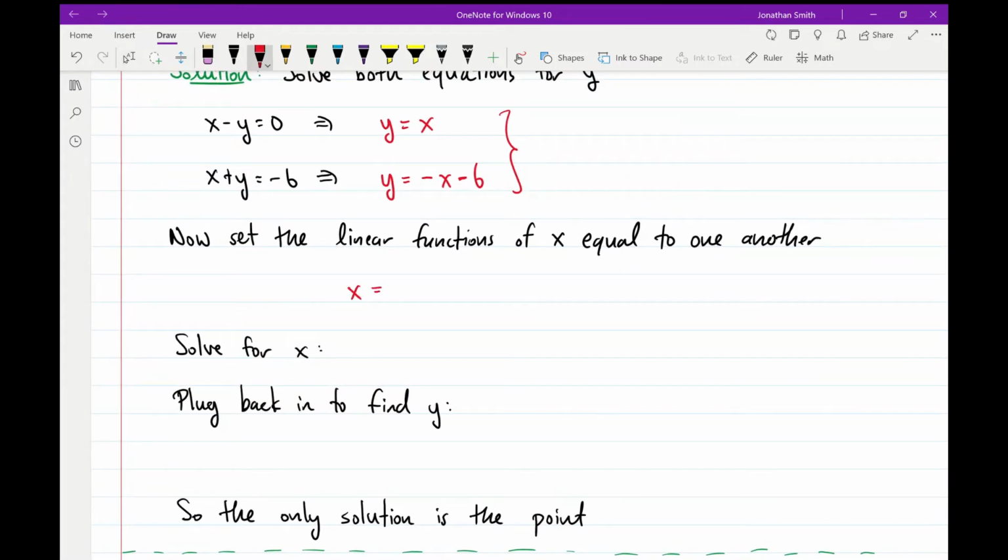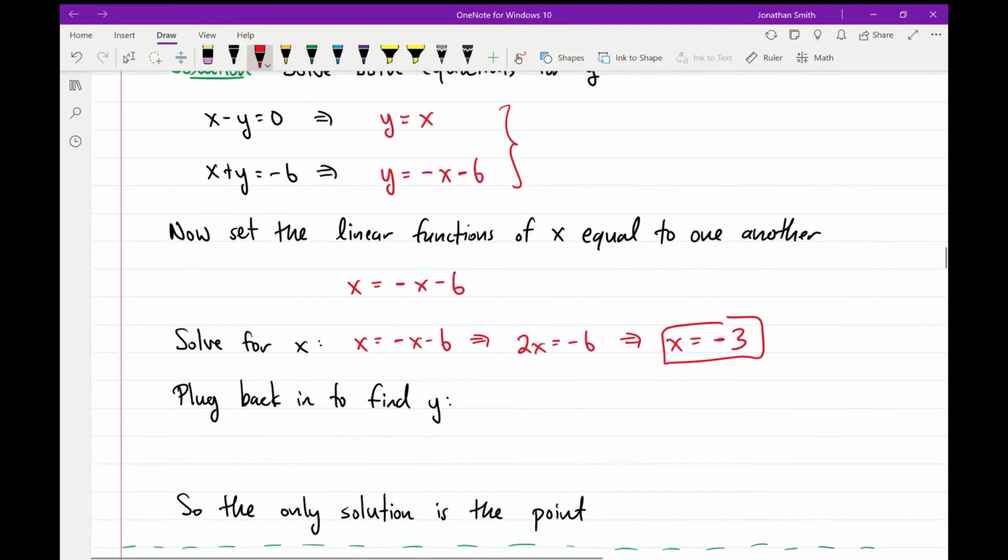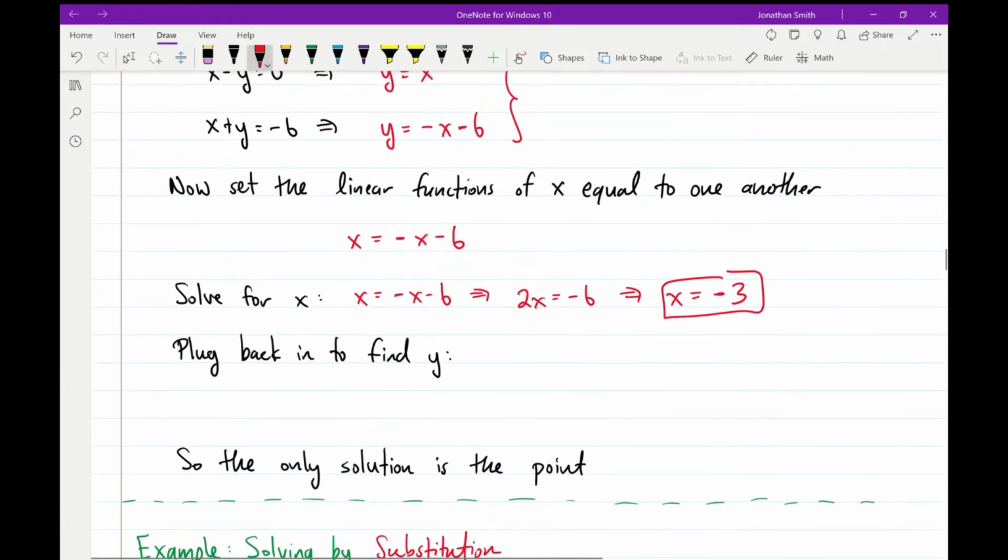And now we're going to take the right-hand side of each of these equations here, so just the expressions in x, and we're going to set them equal to one another. So we have x is equal to minus x minus 6, and now we want to solve for x here. So x equals minus x minus 6 is going to become 2x equals minus 6. And to solve for x, we get x equals minus 3. So now we have the value for x, and we're going to take that value and plug it back into one of the original equations to find y.